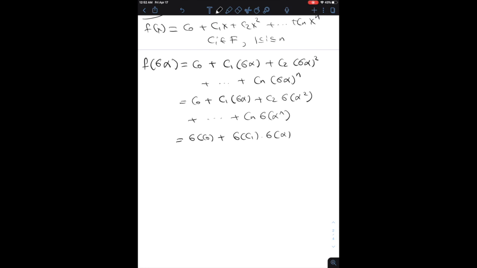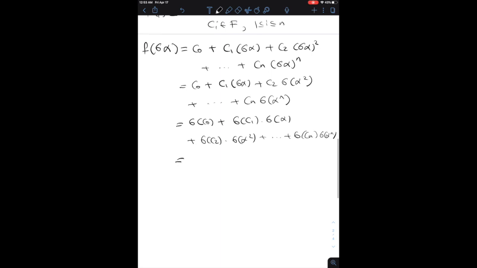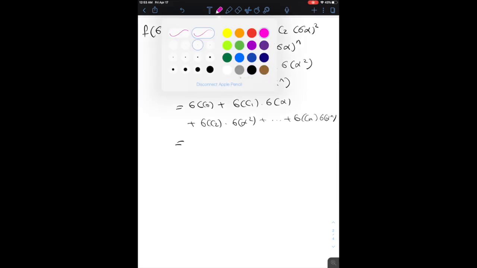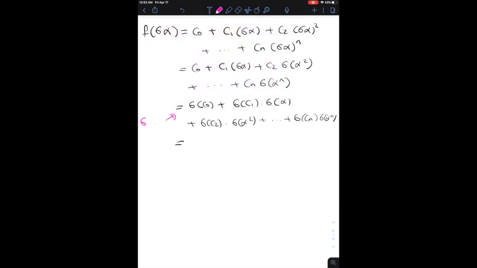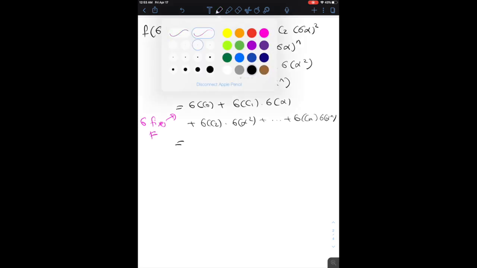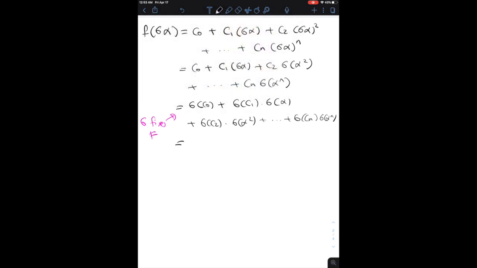So I can write c0 as sigma applied to c0, sigma(c1) sigma(alpha) plus sigma(c2) sigma(alpha) squared, up to sigma(cn) sigma(alpha)^n, and then using again that sigma is a group homomorphism.